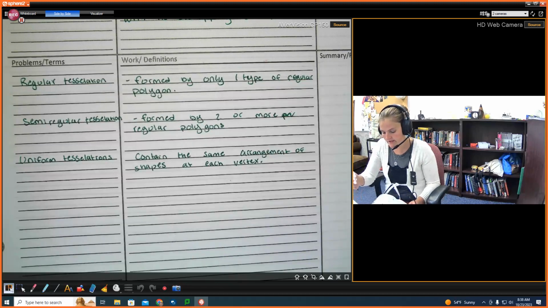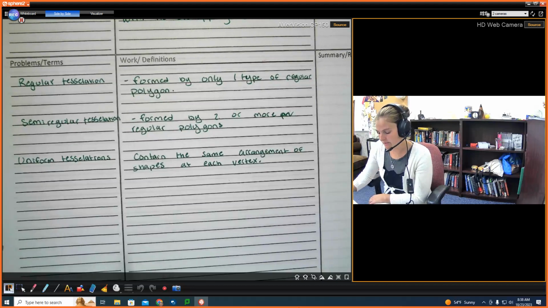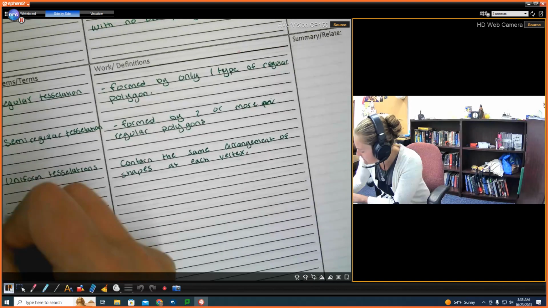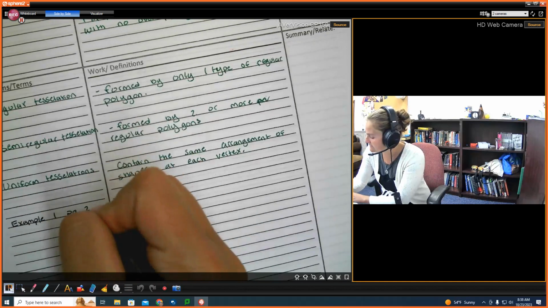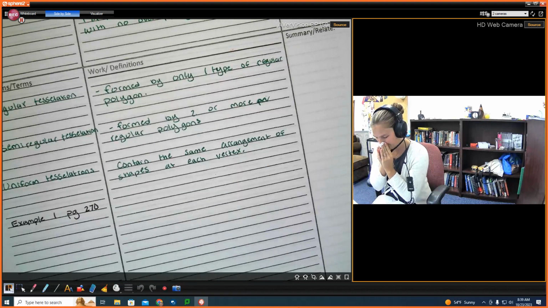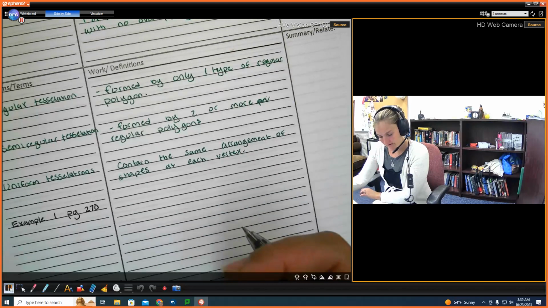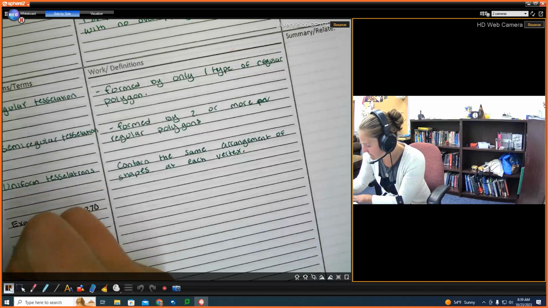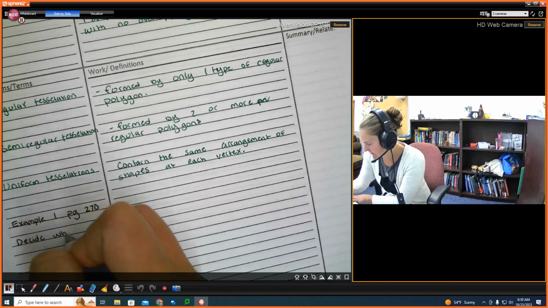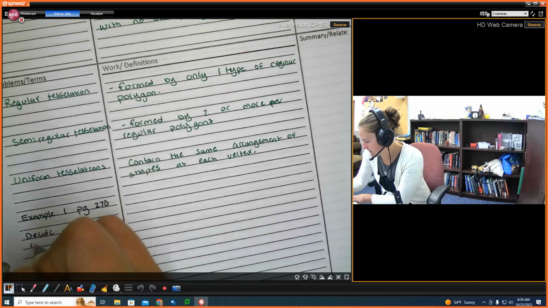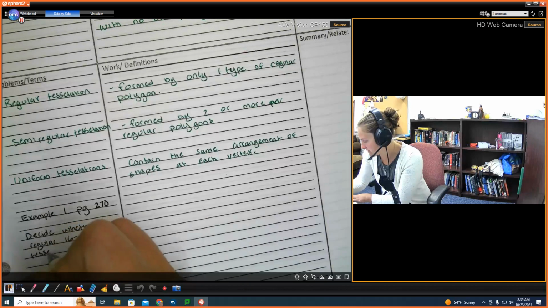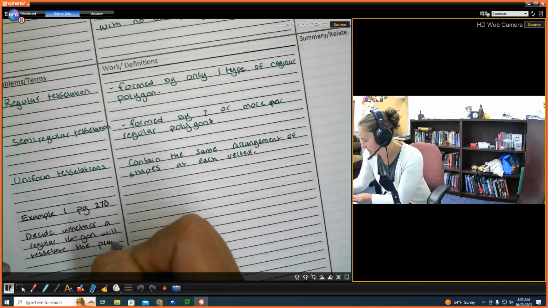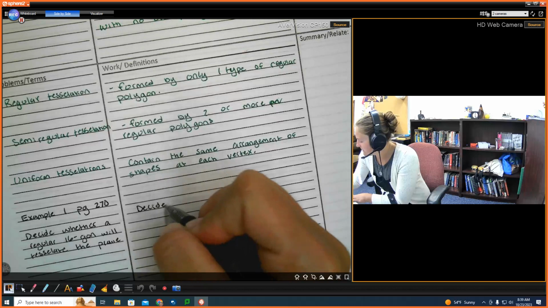Okay, so we're going to do example 1, page 270. It says determine whether a regular 16-gon will tessellate the plane. So how can we do this problem?